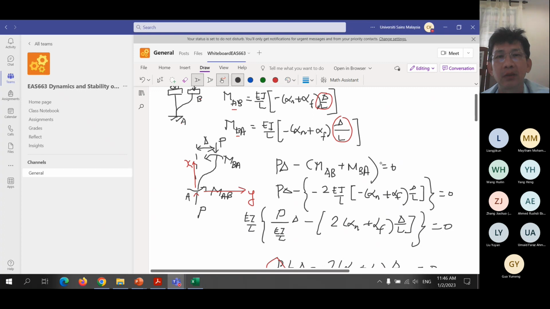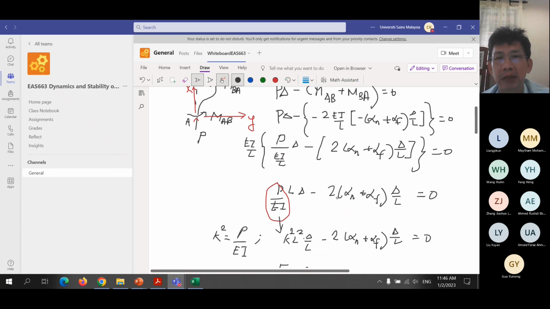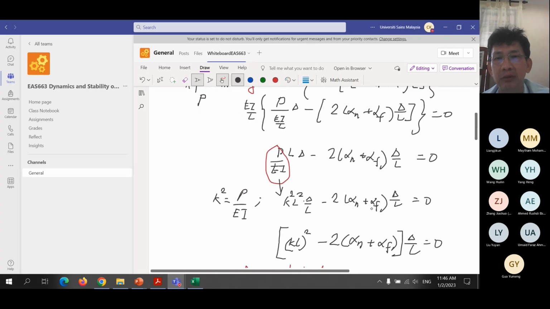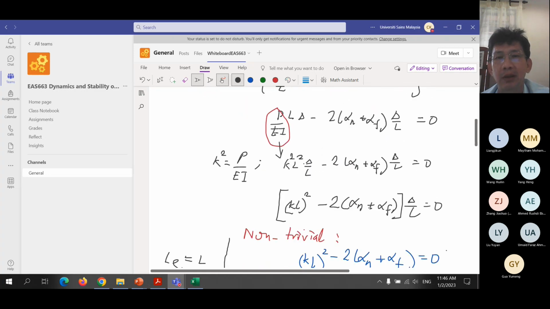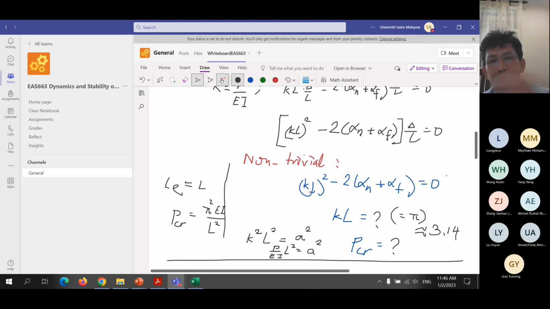Then finally, we try to factor out the EI over L from these equations first. And then after that, we try to make delta over L appear here by going through this process. And finally, we get to the equations where we can use the conditions to get non-trivial solutions to find the answer for KL here. And after that, when you get the KL, you can get the P critical.